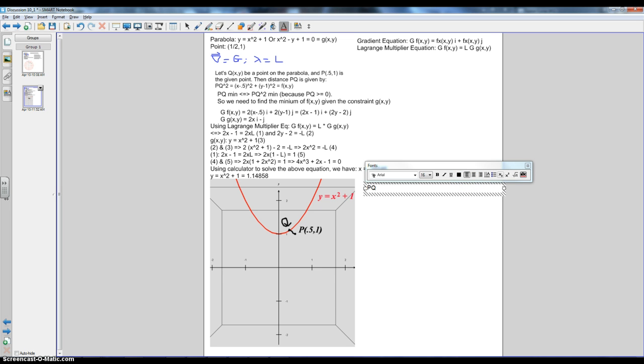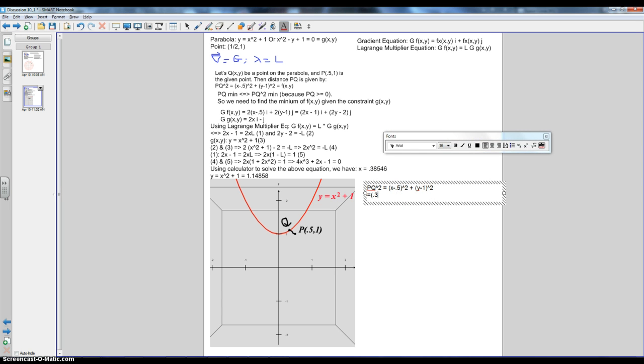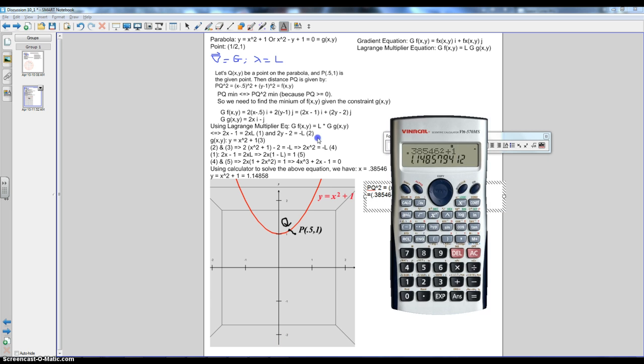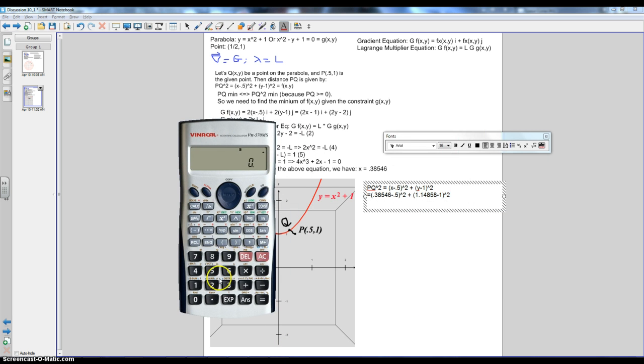So we have PQ squared equal (x minus 0.5) squared plus (y minus 1) squared, equal (0.38546 minus 0.5) squared plus (1.14858 minus 1) squared. I will not give the answer, so let's write that in the calculator.